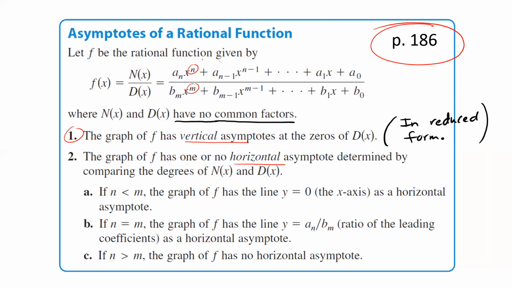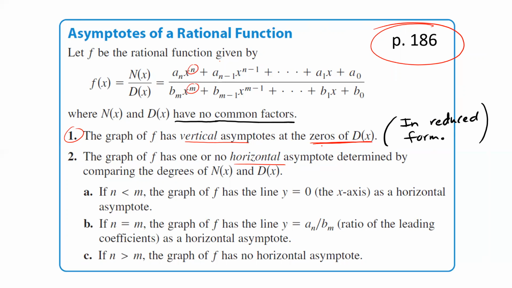They're connected by the little sub n and sub m. So this could be x to the 7th or x to the 5th or x to the 2nd. Once you get it down to no common factors, your vertical asymptotes are the values that make your denominator 0. That's your domain, your breaks. We can do some problems in just a second.